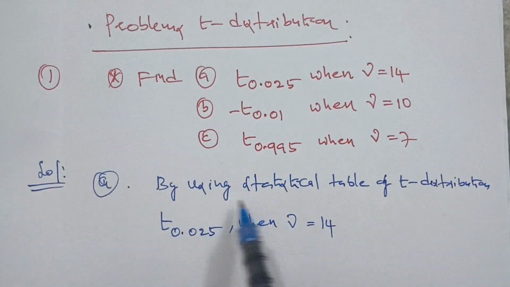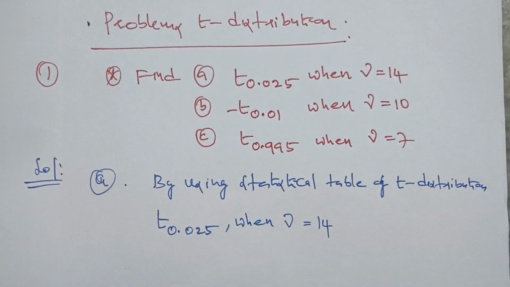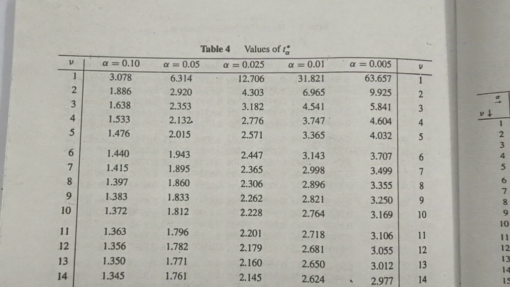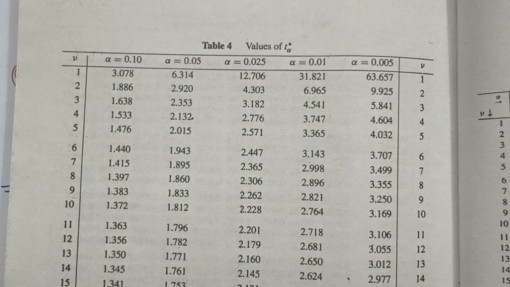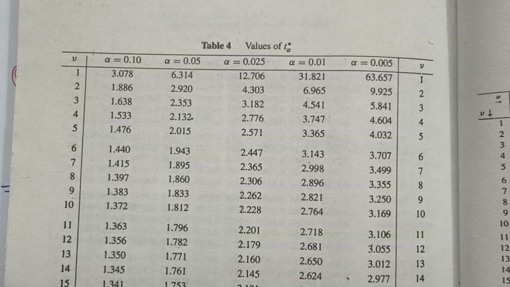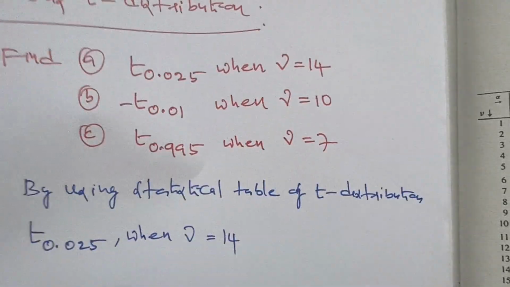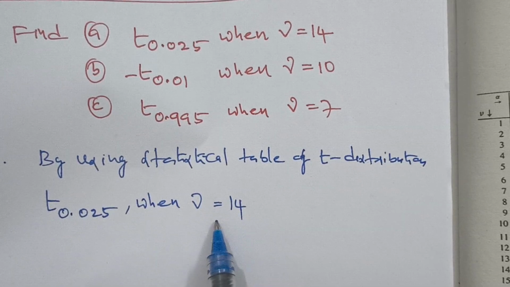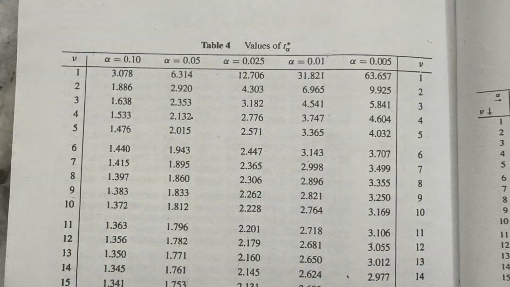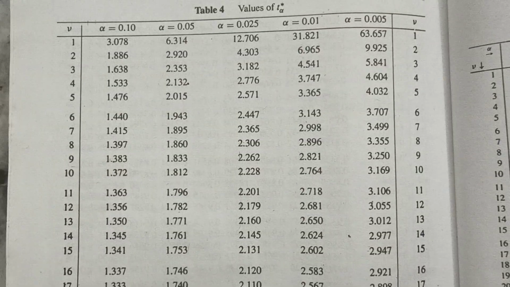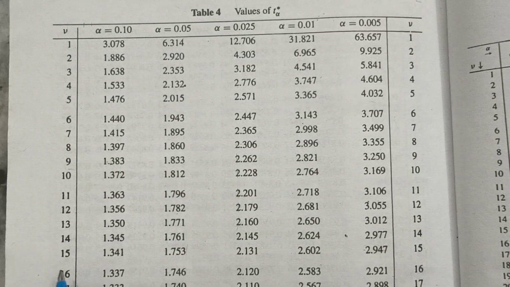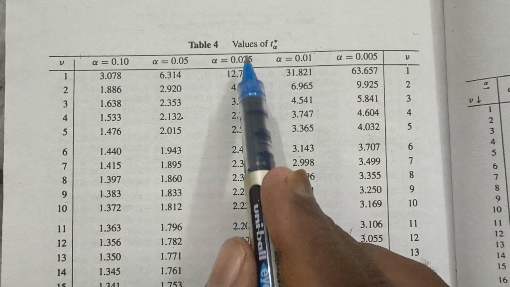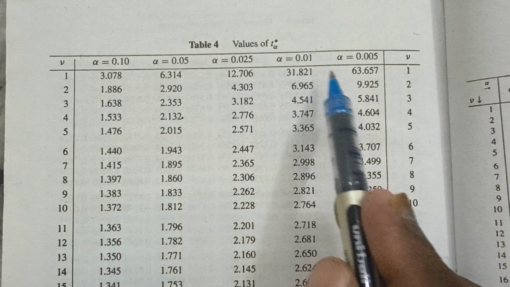So in the t distribution table, we look at the nu 14th row. Here we look at the row nu equals 14. Observe this t distribution table.